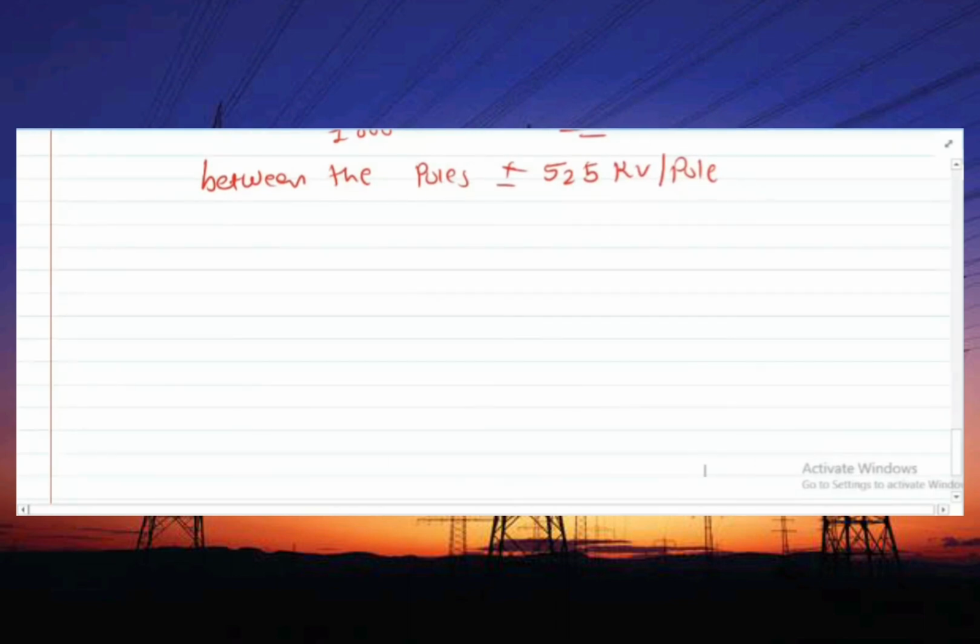Now the third part is the power in the middle of the line.